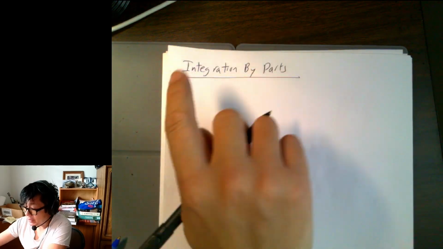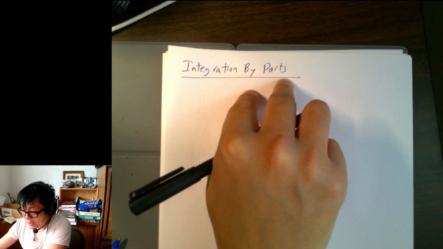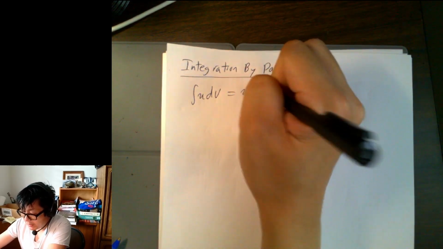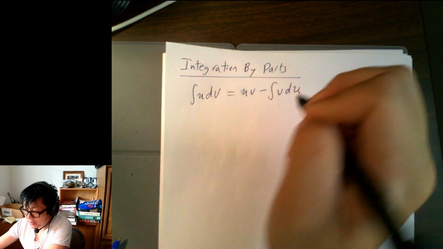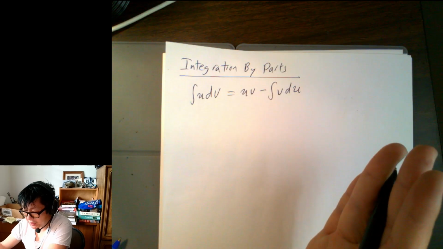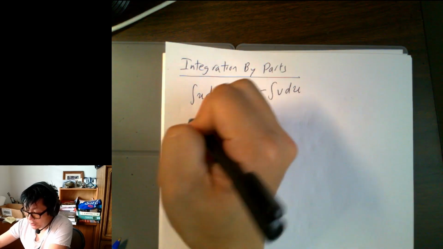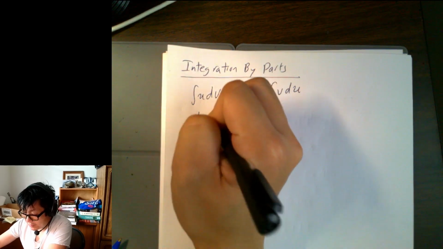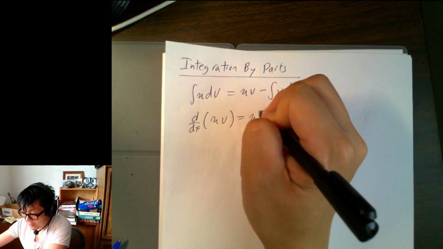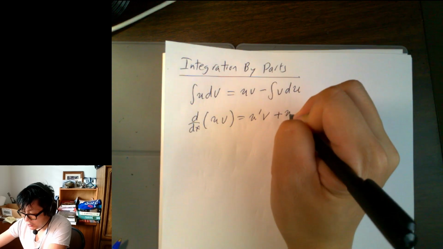Okay, so first of all, the derivation of integration by parts. The formula for it is the integral of u dv equals uv minus the integral of v du, where u and v are two different functions of, let's say, x. This comes from the product rule. So if I have the derivative of u times v, using the product rule, I'd have u prime v plus uv prime.